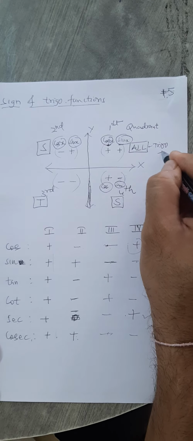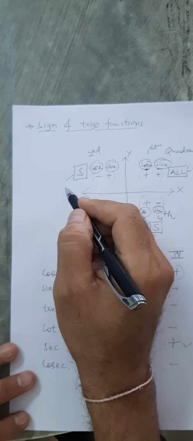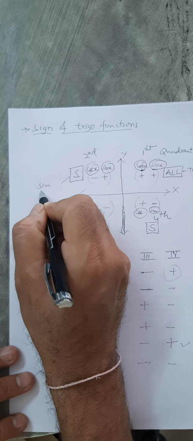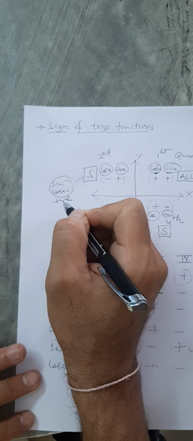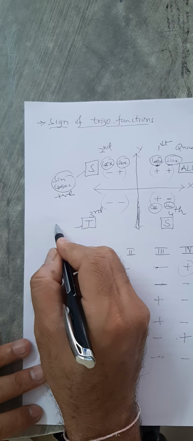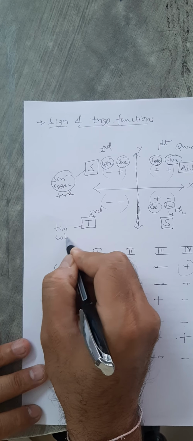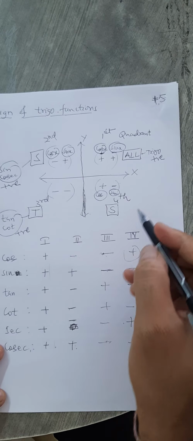What's the meaning of S? S means sine and cosec are positive, remaining all are negative. T means tan and cot, both are positive, remaining all are negative.